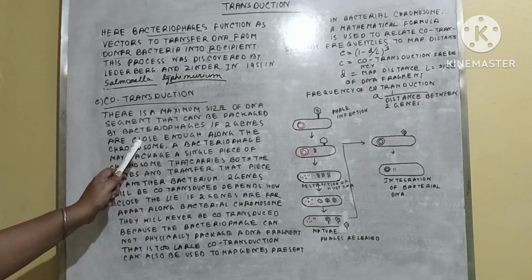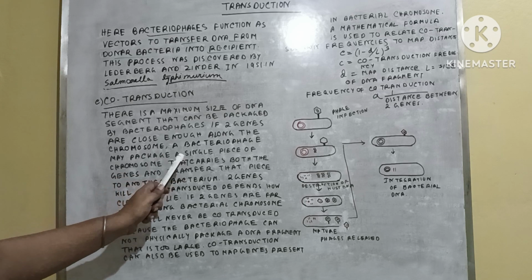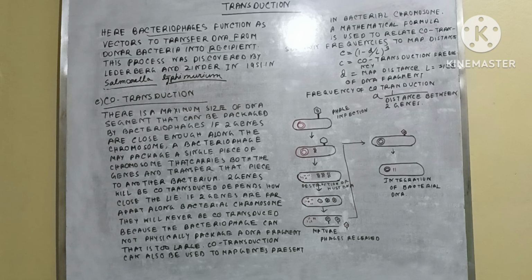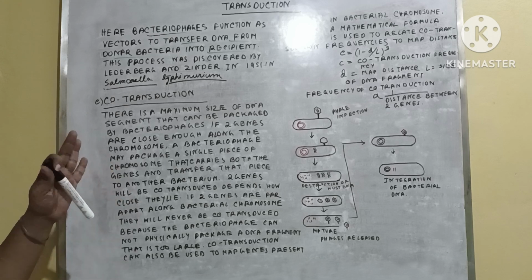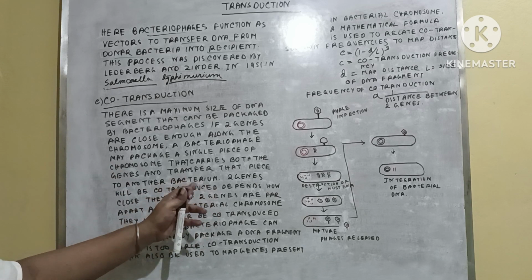If two genes are closely located, they are easily co-transduced.